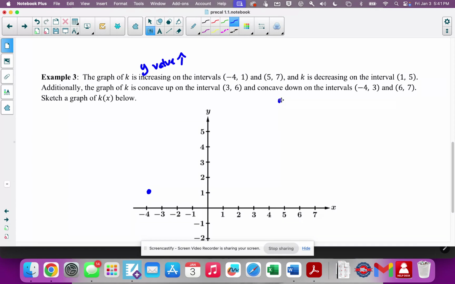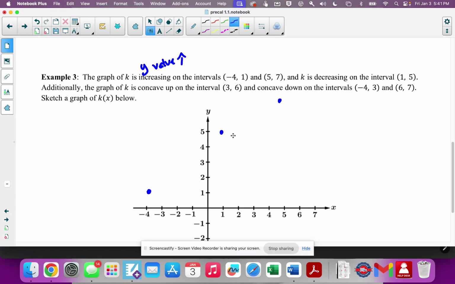And it's decreasing on the interval 1, 5.